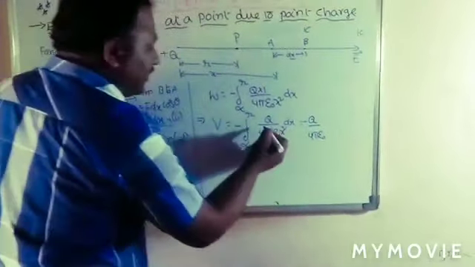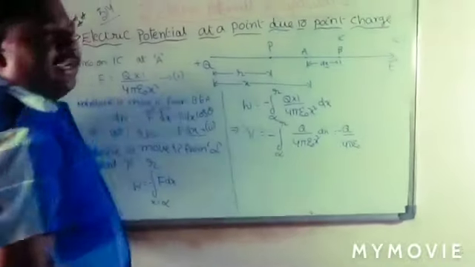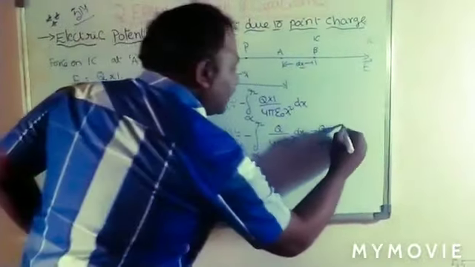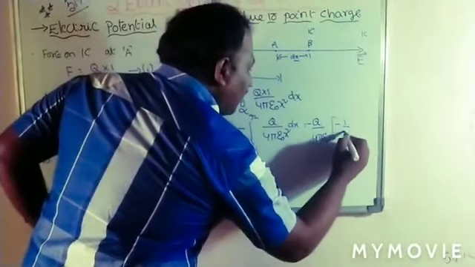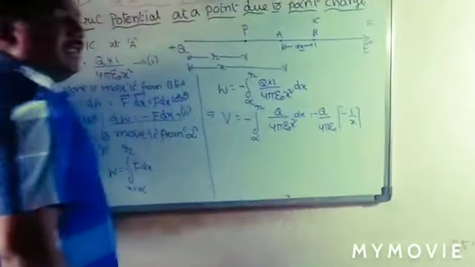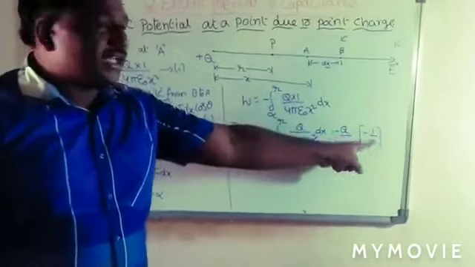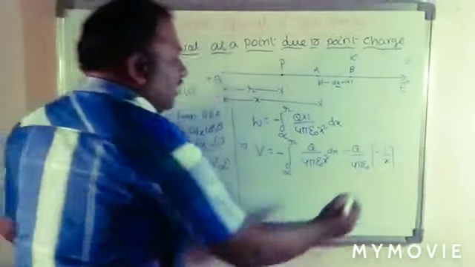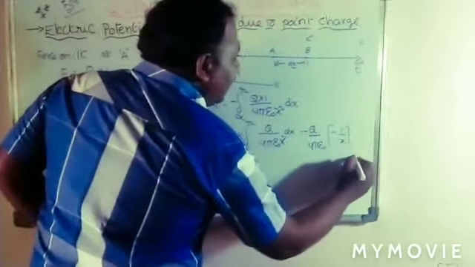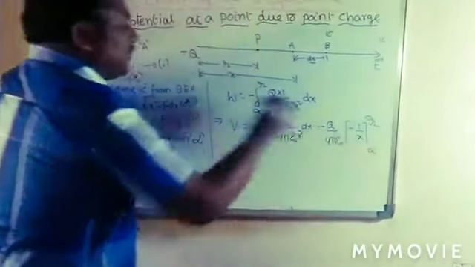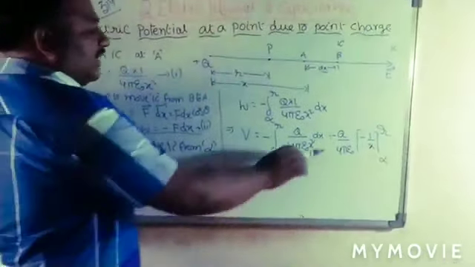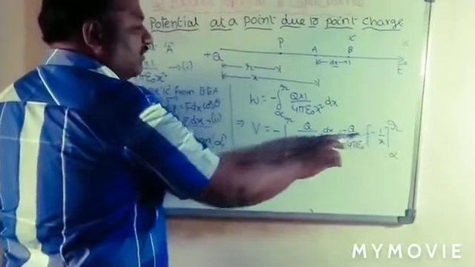Now we take integration for 1 by x square. Integration of 1 by x square is nothing but minus 1 by x. Now the limits can be taken as infinity to R. Before substituting the limits, here we have the minus, here we have the minus.